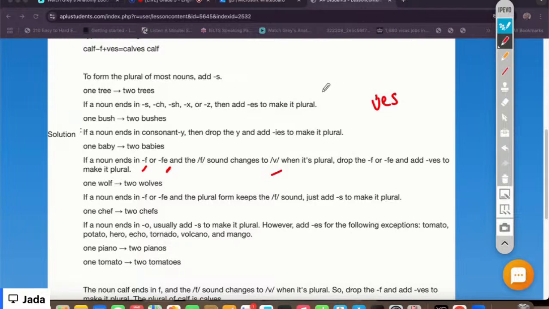Some words that end with F, but because it has the V sound, it becomes VES. Like wolf, and then in plural it is wolves with VES.